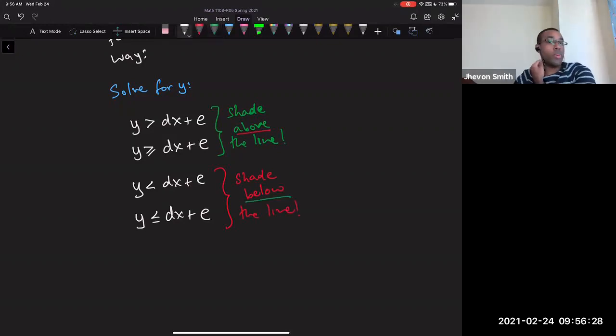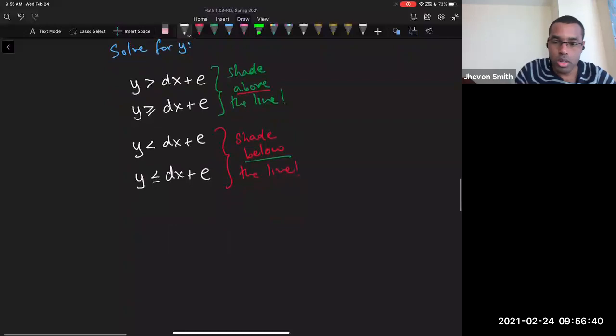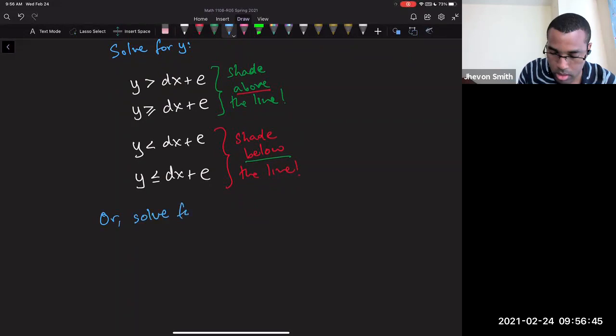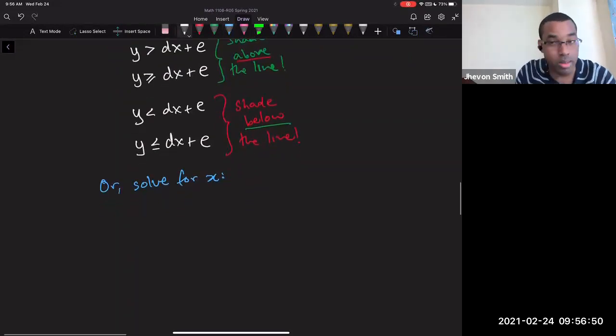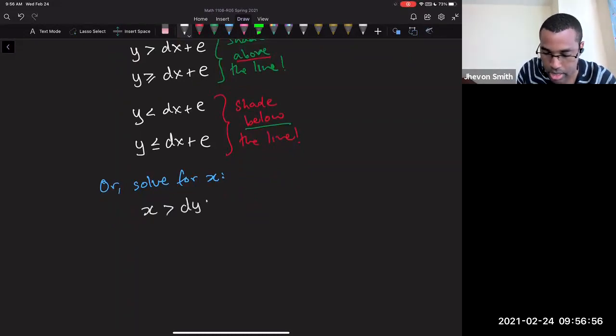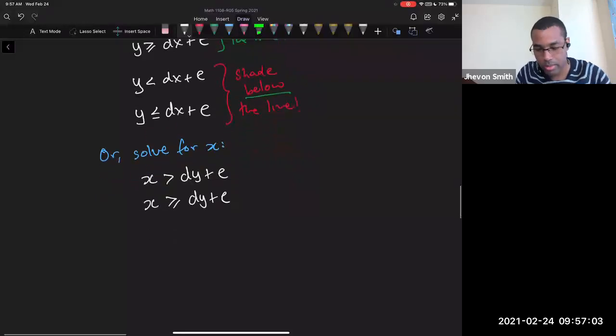Okay, so if I solve for Y, without actually plugging in any coordinates, I'll be able to know where to shade based on whether I should be shading on top or on bottom, depending on how it looks. Or I could solve for X. And I would get something that looks kind of similar. So I would get either X is greater than some number times Y plus a constant, or X is greater than or equal to some number times Y plus a constant.